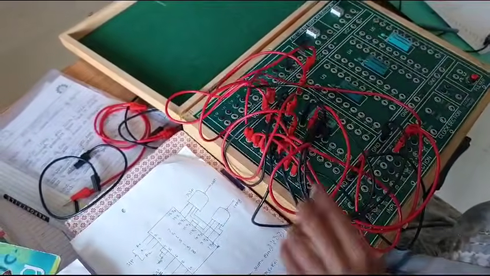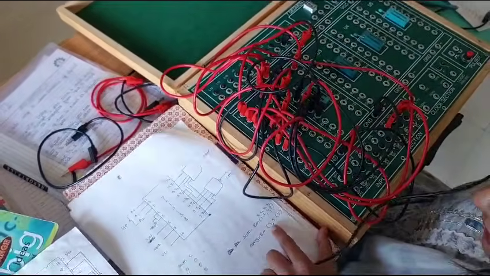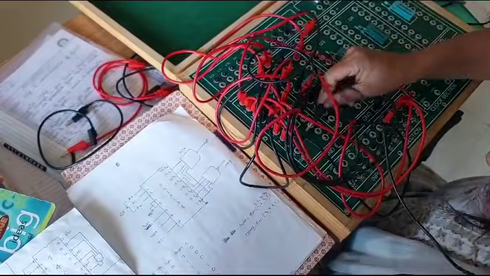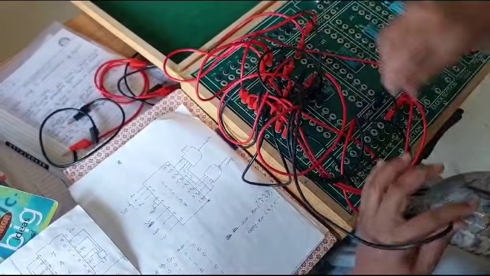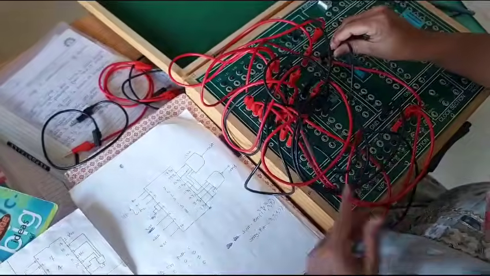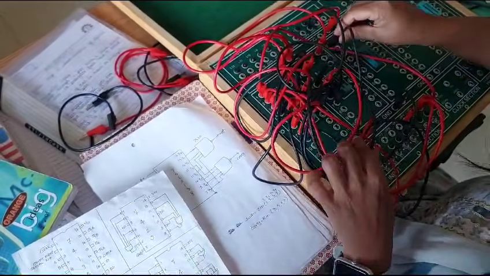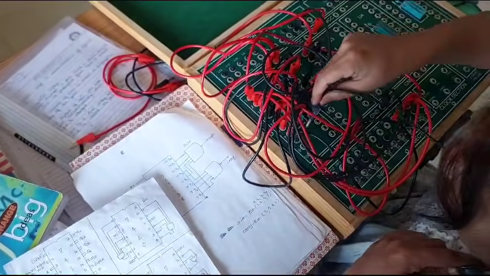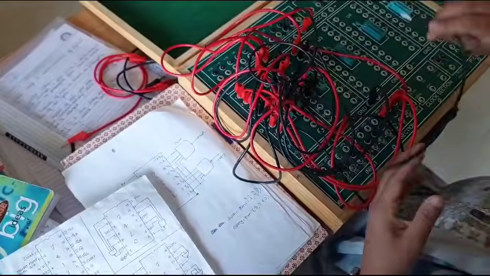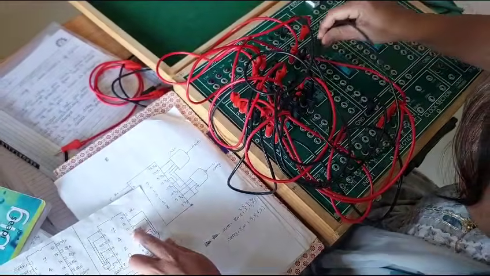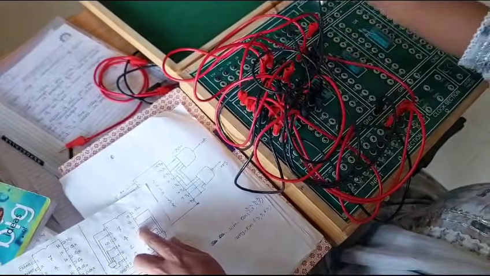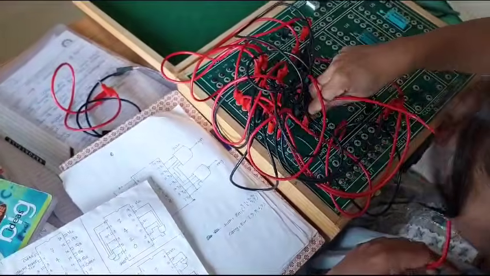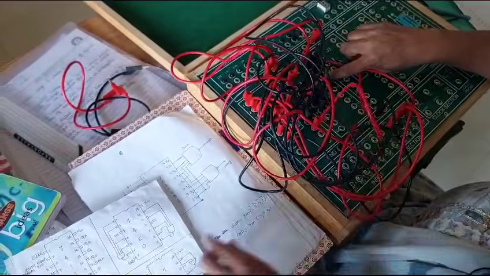Now let us do the connection for the carry. So for carry, the first main term is 3, that is y3, which is available at pin number 12. 8, 9, 10, 11 and 12. You have to connect it to pin number 13. Next, y5, that is pin 10, 8, 9 and 10 of the decoder IC. You have to connect it to pin number 12. Second, y6, which is available at pin number 9, and you have to connect it to pin number 10.